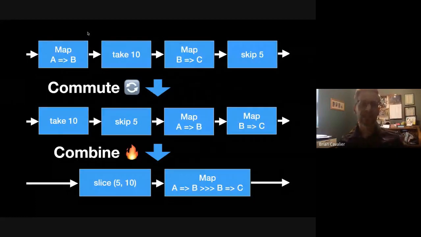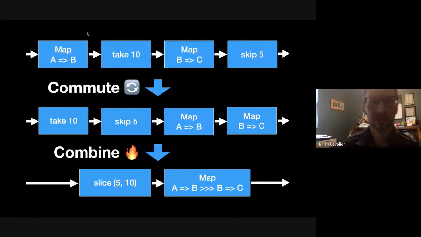And so you can do this. You can start with this map, take, map, skip. In the first step, you can commute all of the takes and skips to the left past the maps, and all the maps to the right past all the takes and skips.